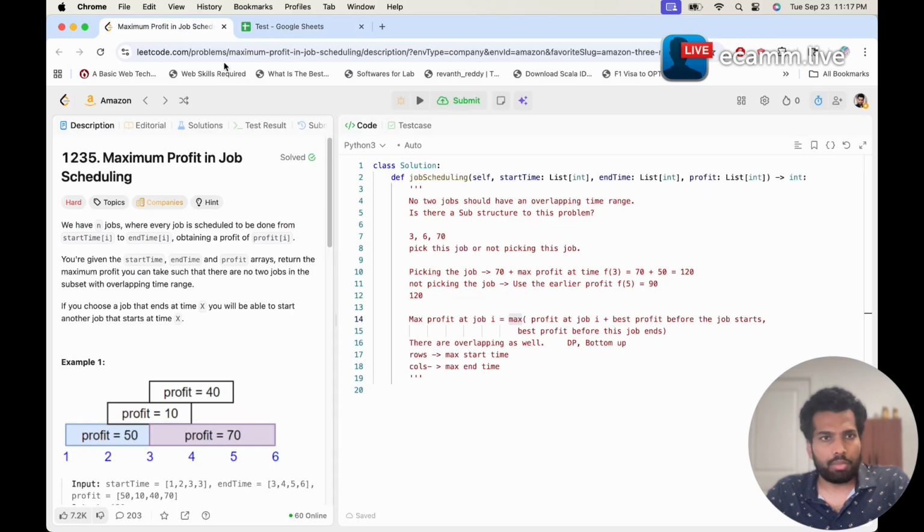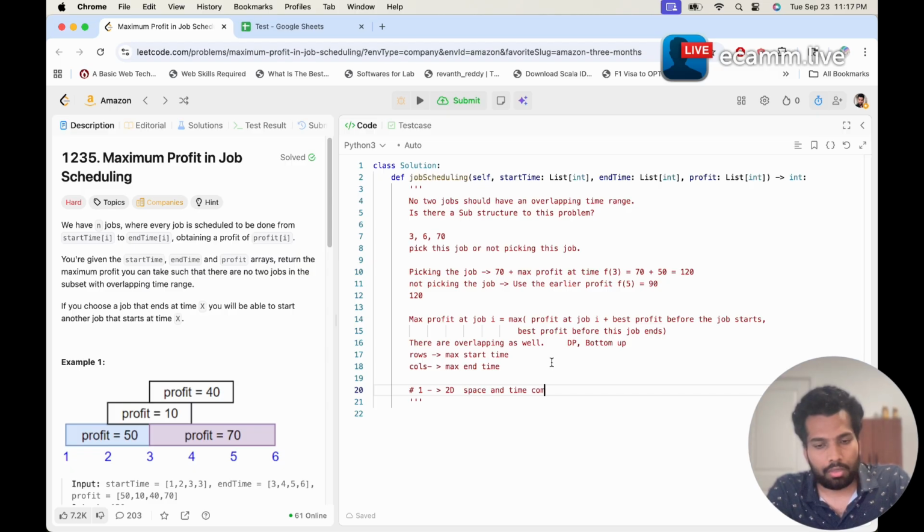Let me write it down here. Our first approach is a 2D approach, where the problem is the memory, and the space and time complexity are huge.